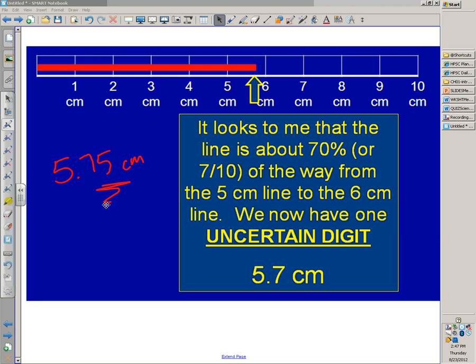If I write 5.75, I'm trying to tell you something about the length of my red line. What am I trying to tell you about the length of my red line if I write its length as 5.75? It's 3/4 of the way to 6. That's not what I'm trying to tell you if it's 5.75. If I write 5.75, what am I trying to tell you about the length of that red line?